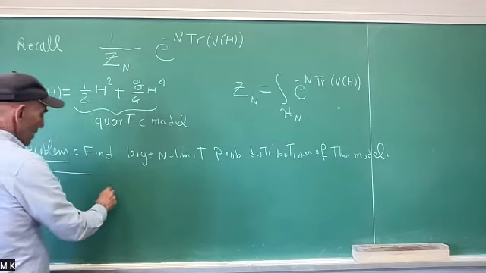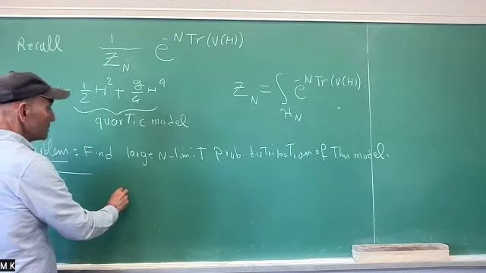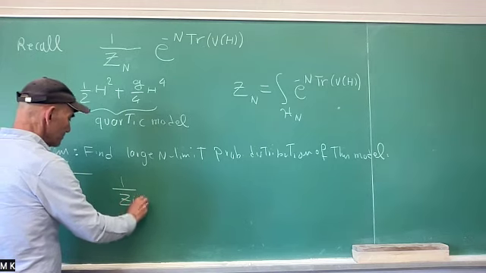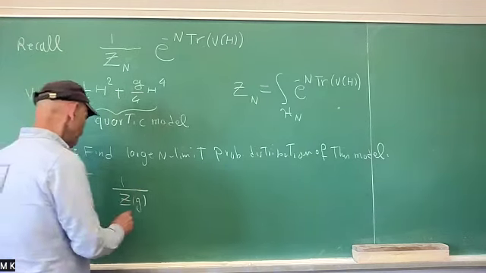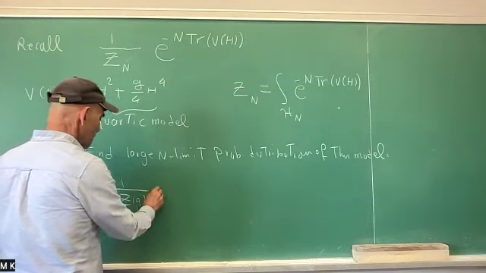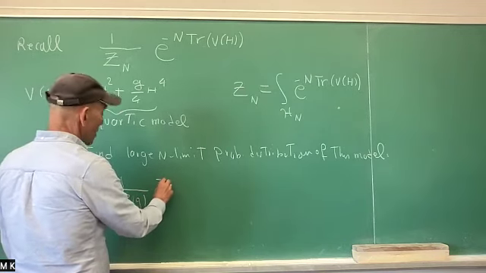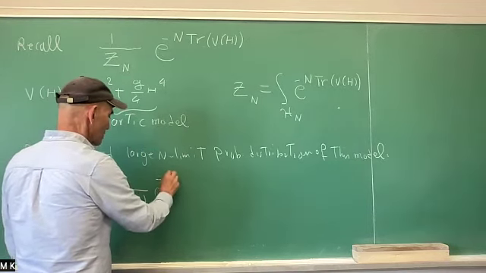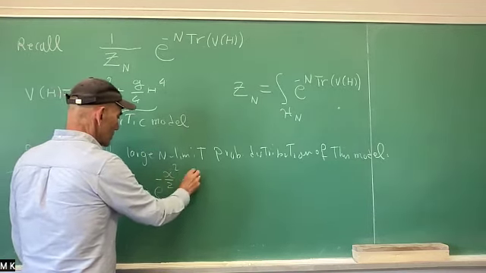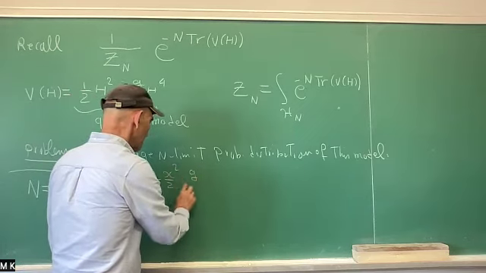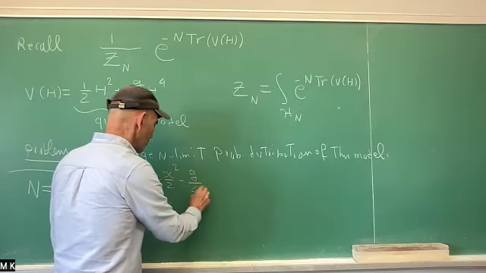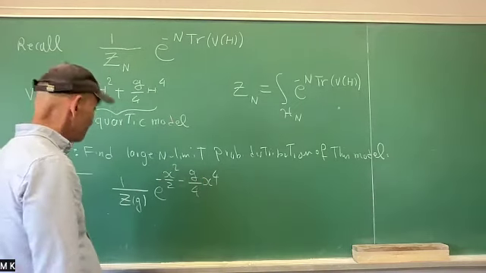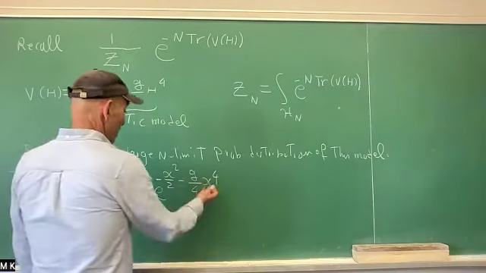So let's look at n equal to 1. Then we have the following thing to consider: 1 over ZG, integral of exponential of minus 1/2 x squared minus G over 4 x4, dx.